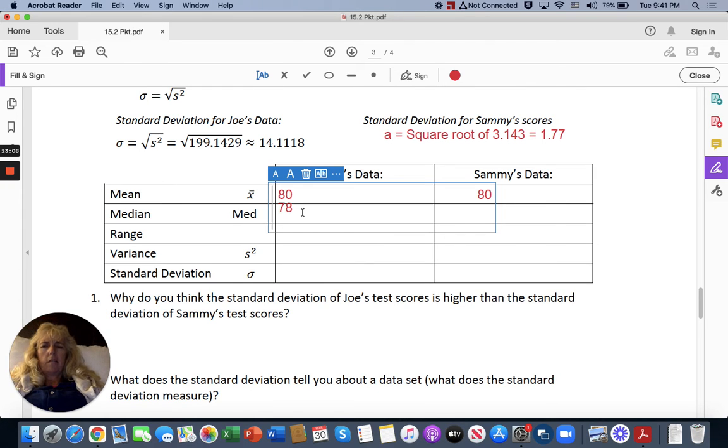Again, the median is going to be, if you list the numbers from least to greatest, the middle number. And for Sammy's data, it was 79. So that's not telling us too much difference there. Okay. The range is 40 for Joe's data. And for Sammy's data, it's 4. So there's a big variation in Joe's data.